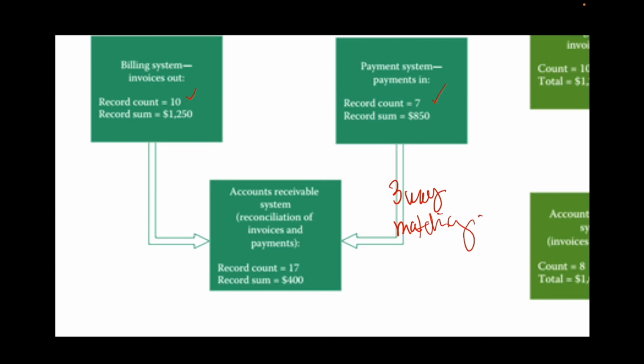So total records within the accounts receivable reconciliation 10 plus 7, 17 records siya. 10 records showing accounts receivable invoices in, and then payment of accounts receivable 7 records, so total 17 records. And then of course yung record the billing system 1,250 minus 850 payments, you have a record sum of 400.